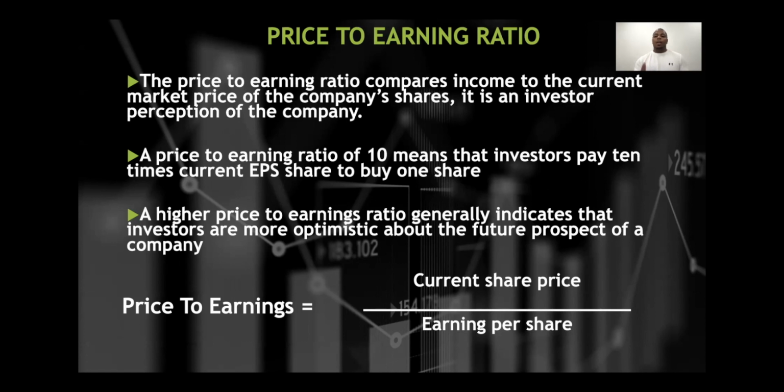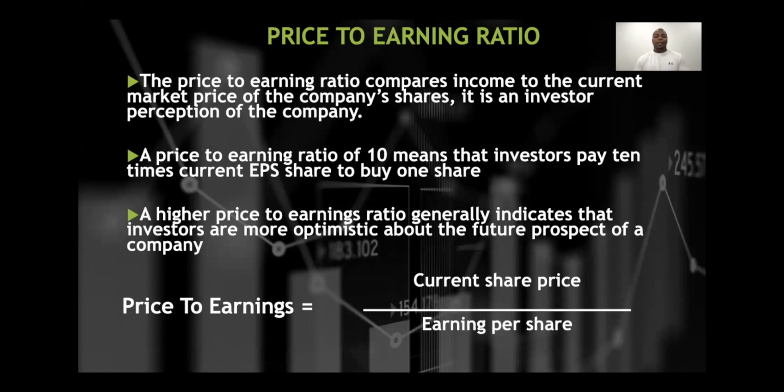So if people are willing to pay 10 times more for a share of stock of a company than it's usually worth, then it shows you that people are optimistic about that company, right? Because they're willing to pay 10 times more than what the company actually earns. And people who are willing to pay 30 times more, 40 times more, or 50 times more are even more enthusiastic and optimistic about the future of this company, right?